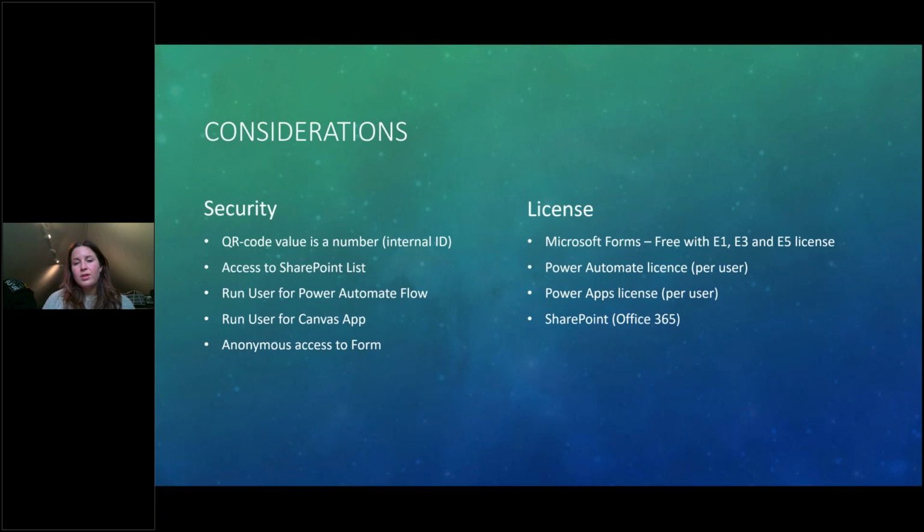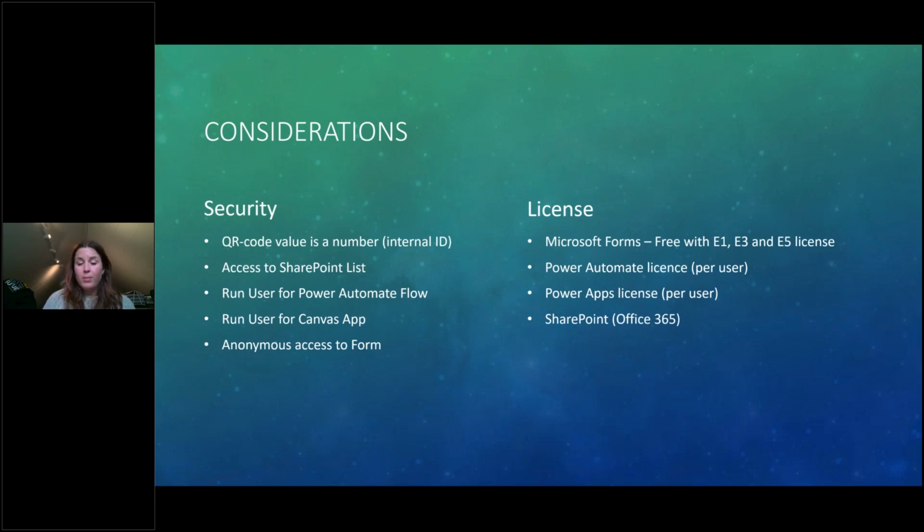Licenses as well. So you would need an Office 365 license. Microsoft Forms comes free with that E1, E3, or E5 license. You would need a Power Automate license. You can have one per user or per app. The same goes for the Power Apps license, per user or per app.